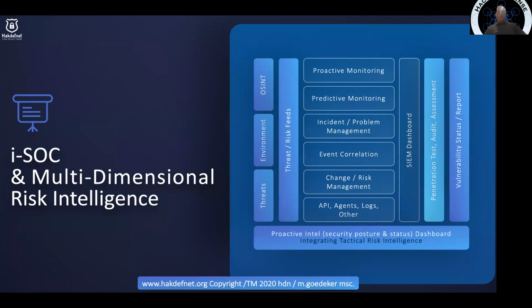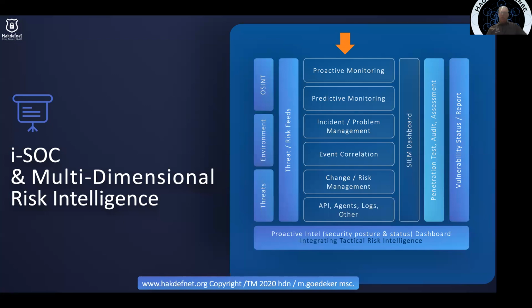Okay, great. So let's start off with SOC, or rather the ISOC: Interactive SOC, Intelligent SOC, Innovative SOC. When we take a look at the picture right now, we can see how we've evolved in many different ways of capturing information and trying to make sense of all the information.